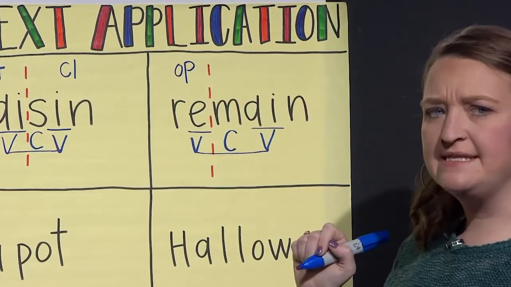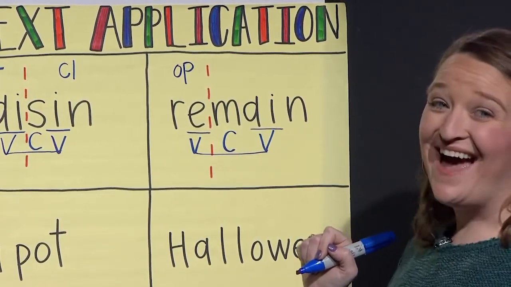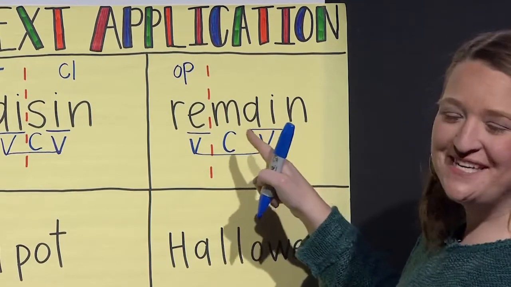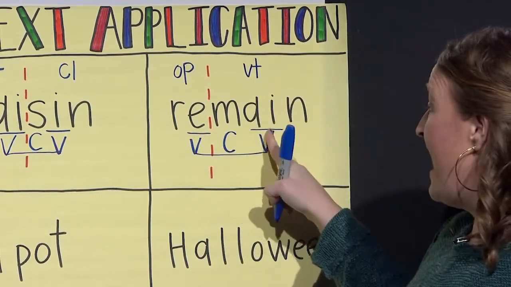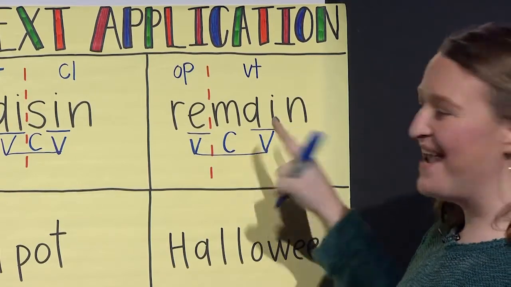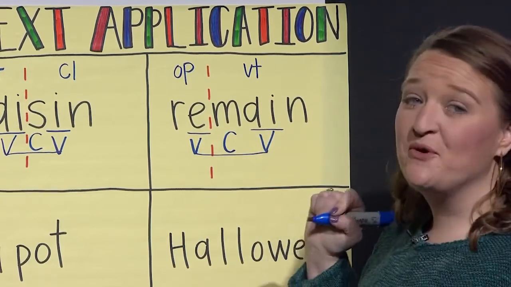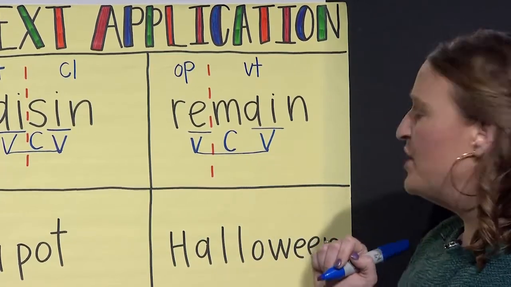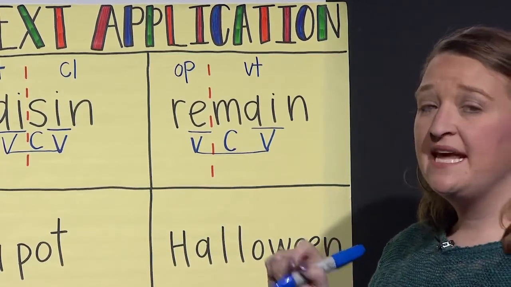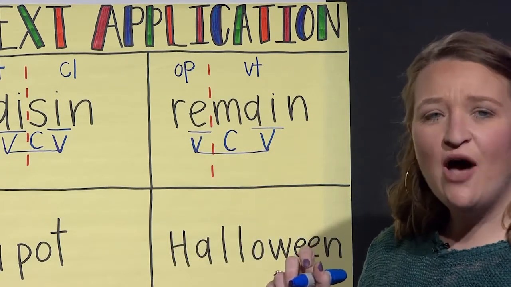What about our second syllable? I heard you. That's a vowel team, so we're labeling it with VT for vowel team. And AI will say A. Now, we're ready to read each syllable and blend the word. This time, I'm going to point, and I want you to say the sound, and then I'll repeat them after you.